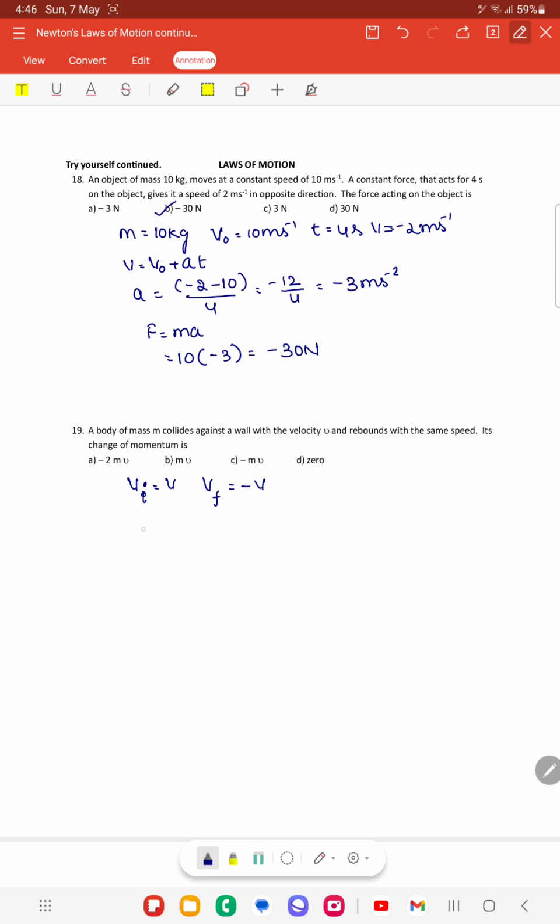So we have the change in the momentum delta p, which is m into final velocity minus initial velocity. So it is m into minus v, which is nothing but minus 2m into v. So option A is the right answer.